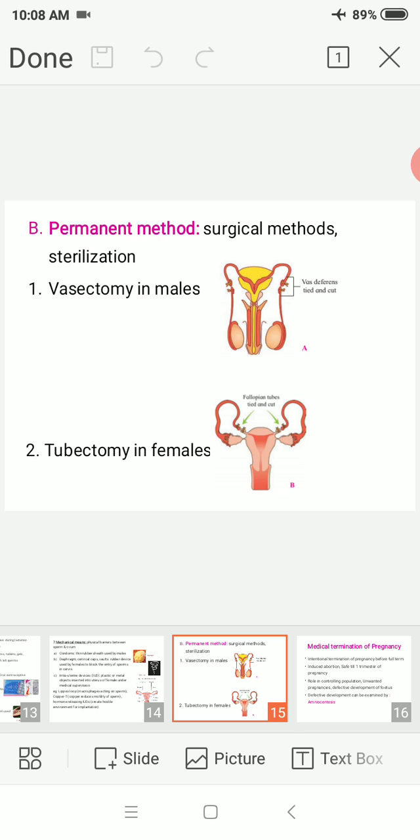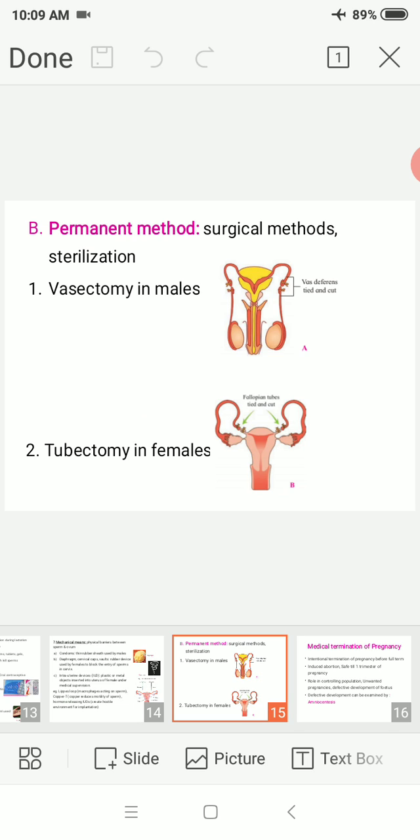In vasectomy, the vas deferens is cut and tied with thread. The sperms cannot pass through that tube. So it is the cutting of the vas deferens in male, and it is called vasectomy.